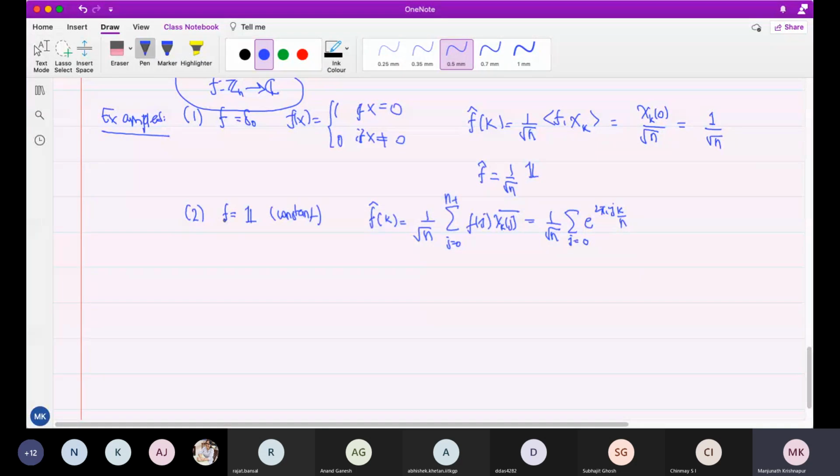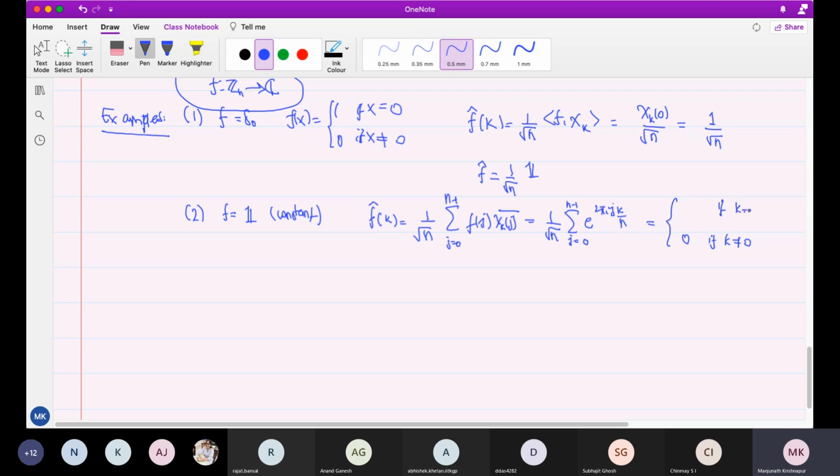Okay, so let's come back. Let me repeat again from here. We computed for the delta function. Now we compute for the constant function 1. F hat of k is 1 over square root n, the sum of f of j chi k of j bar over j equals 0 to n minus 1, where f is 1. So it is just e to the 2 pi i j k over n summed over j equals 0 to n minus 1, and we have seen this is 0 if k is not equal to 0, because then you sum over roots of unity, right?